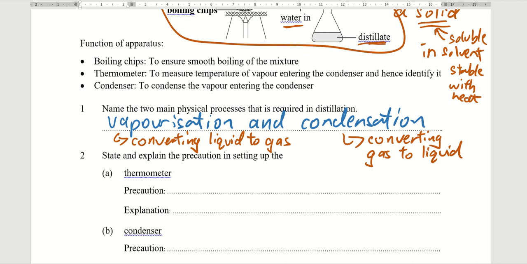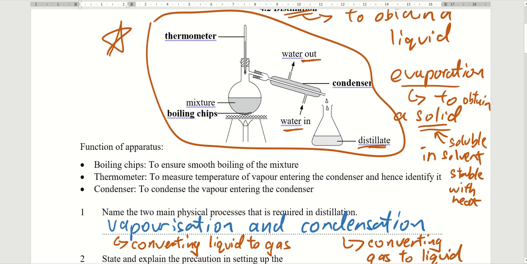So these are things that you need to take note. I'll use the diagram here. It's going to be a bit messy, so let me use a different color. Vaporization happens inside this round bottom flask, where the boiling actually occurs. On the other hand, condensation happens in the condenser. So these are things that you should be taking notes.